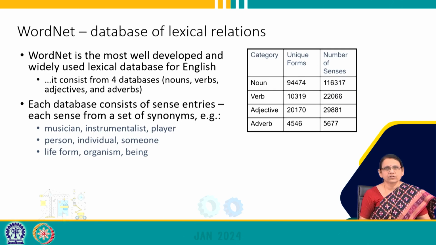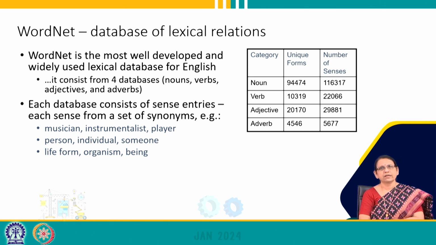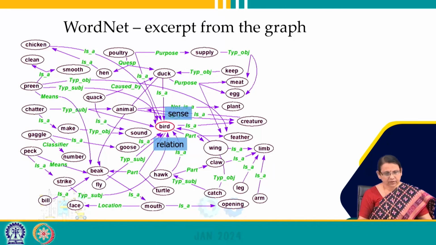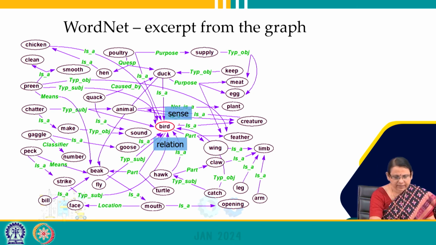This is just some detail about the WordNet dictionary. It is a database of lexical relationships. It has nouns, verbs, adjectives and adverbs, and it can tell you whether words are synonymous or not. This is just a small part, where it shows a bird, which is called a sense.